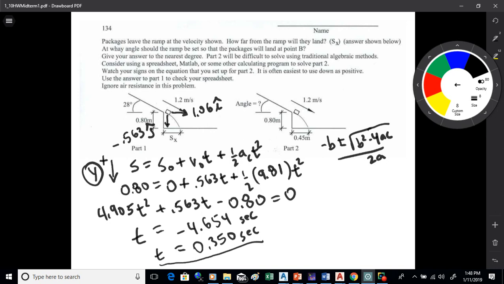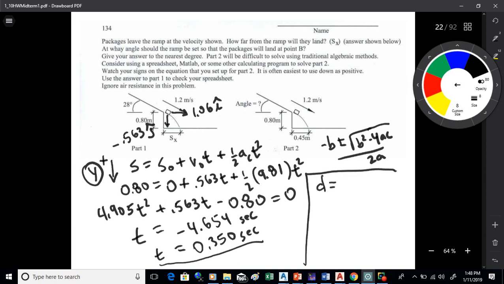Okay. And then to find the distance, what I'm going to do is take Vx times the time, because it's all constant. There's no acceleration in the x direction. So I can find my d sub x, I guess. Now that's not a calculus dx, that's d sub x.